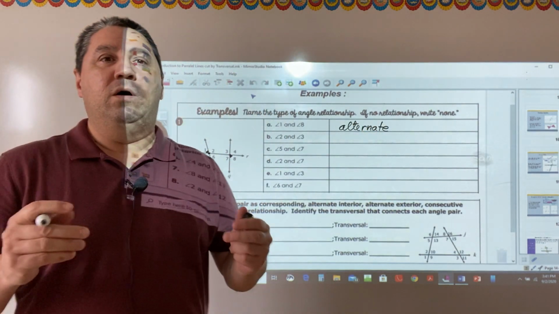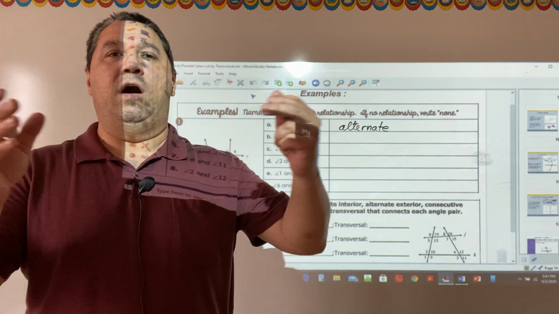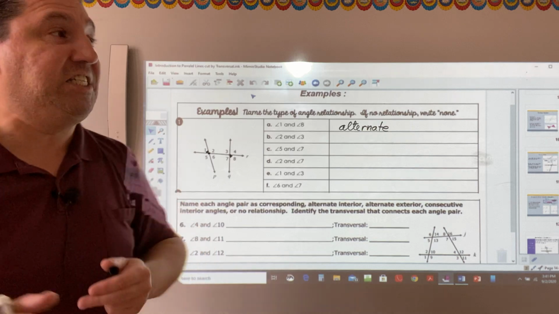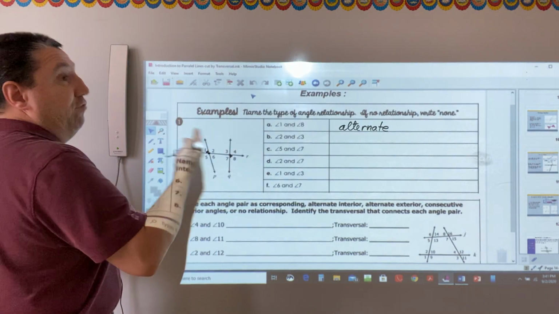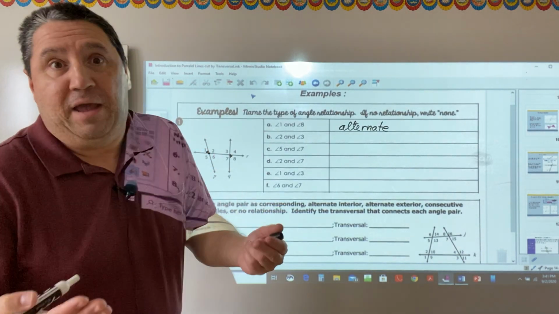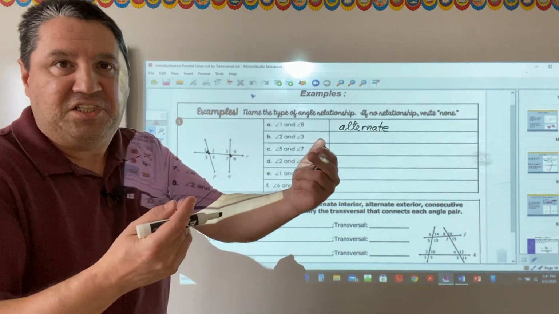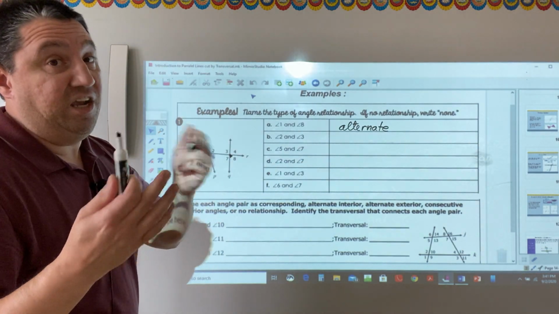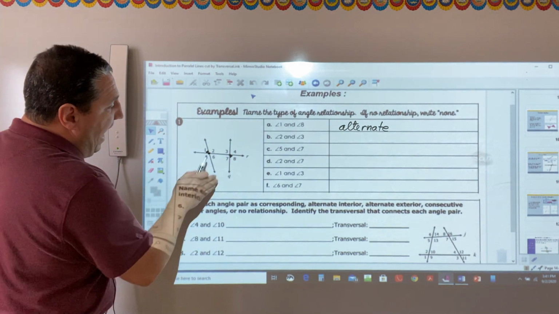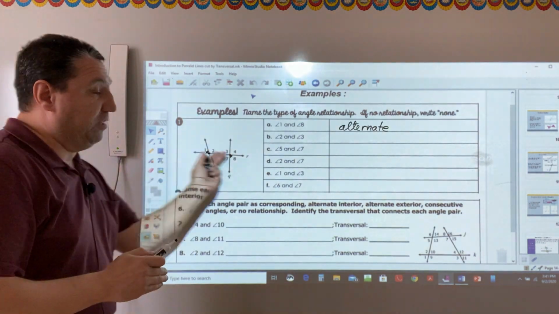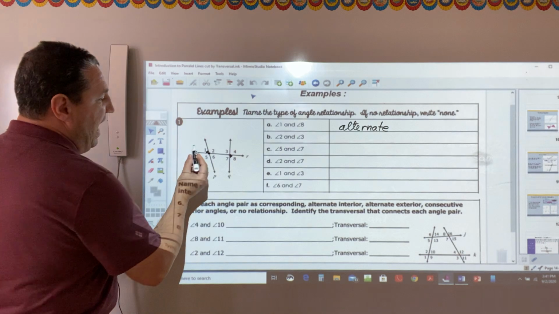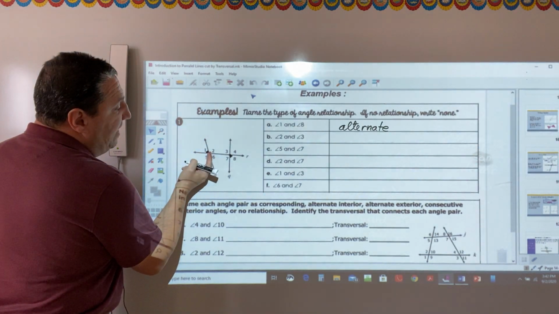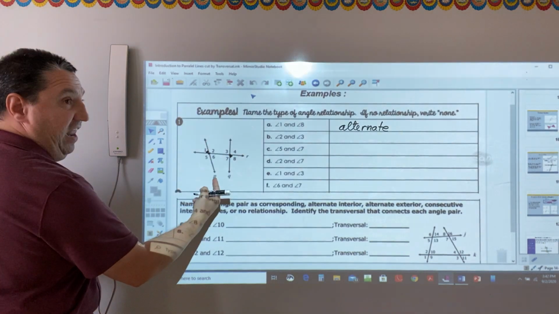As we know, alternate angles are either interior or exterior. Now, we have to decide which type of alternate they are, exterior or interior. To decide if they are interior or exterior, we look at the lines cut by the transversal. As you can see, angle 1 is outside the lines.